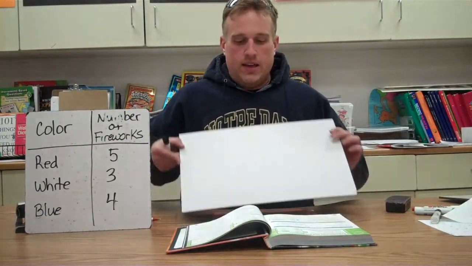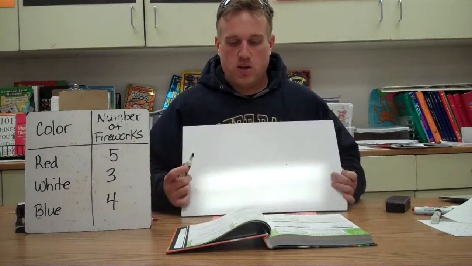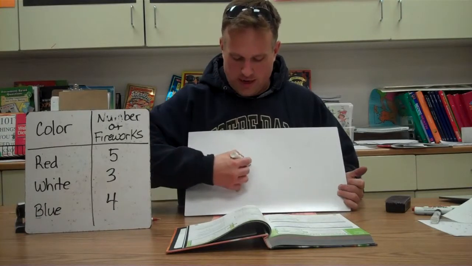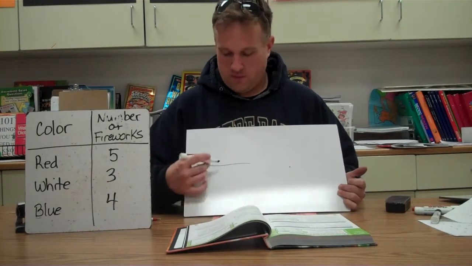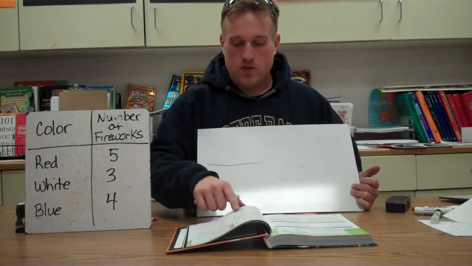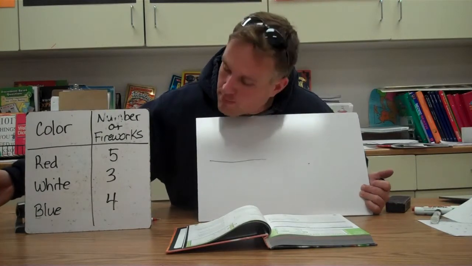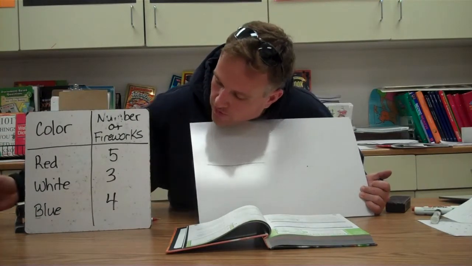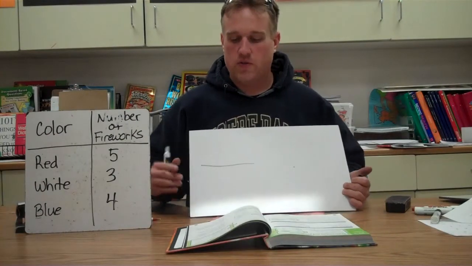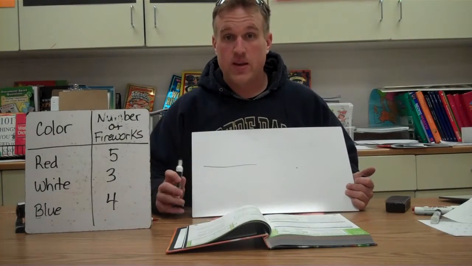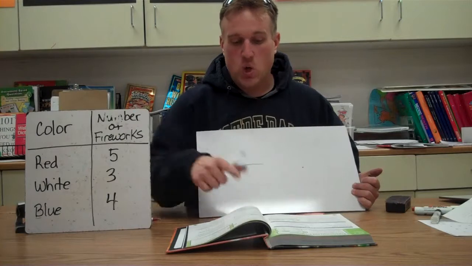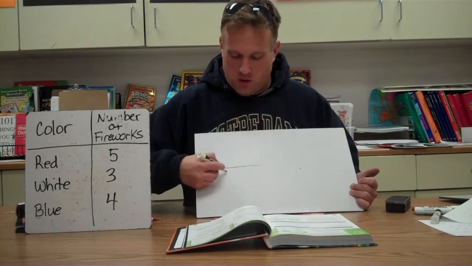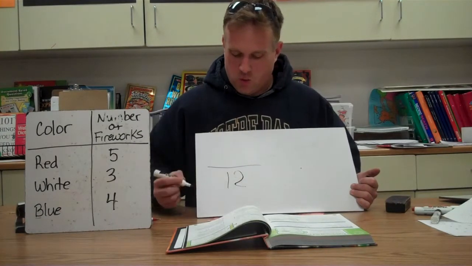The table shows the colors of the first 12 fireworks, so they told us part of our answer. You can see the red, white, and blue, and they are 5, 3, and 4 for the number of fireworks. To find the total, we add them together, and that gives us 12. And they told us that in the problem. So the total number of fireworks is 12.